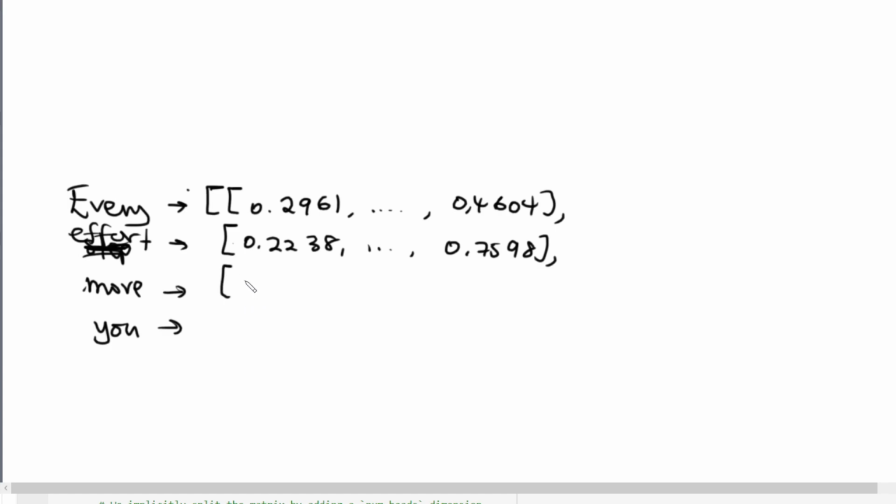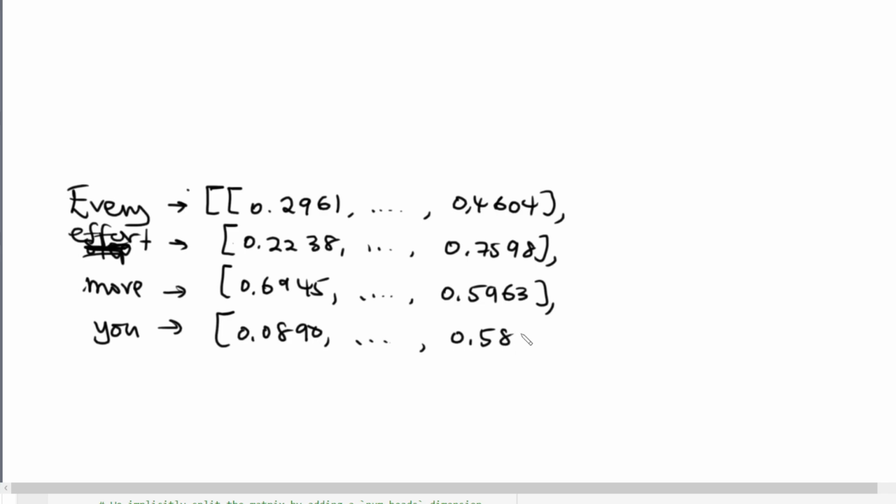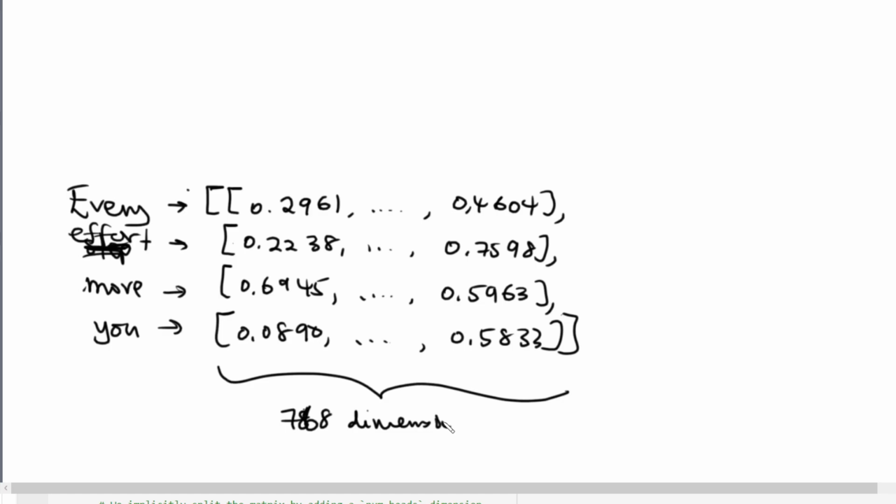Then this is the third one, 0.6945, all the way up to 0.5963. And then the last one will be embedded into this, 0.5833. We know that each one is 768 dimensions, because that's the embedding dimension that we're using.